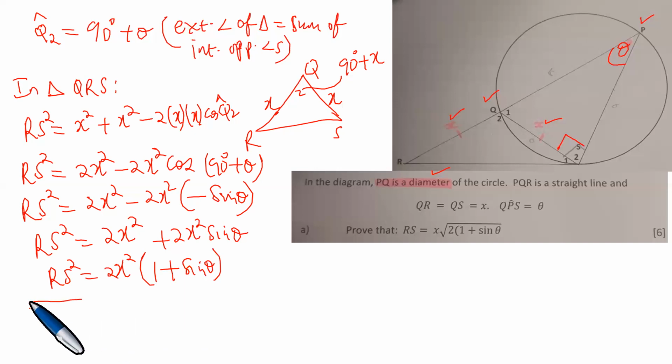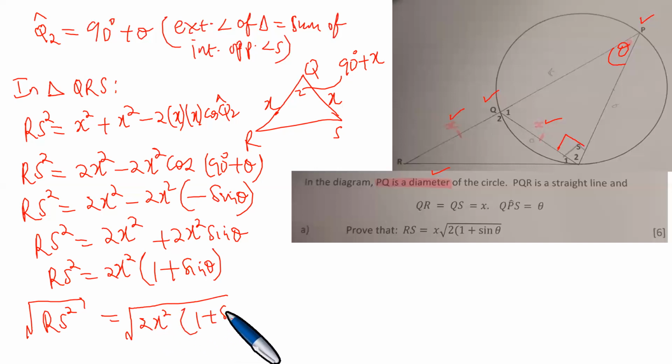So we take the square root on the left, and we have RS squared. We apply the square root on the right, and we have 2X squared into 1 plus the trigonometric sine of theta.